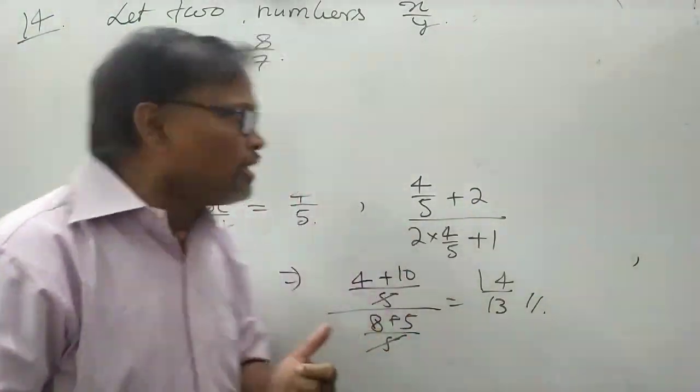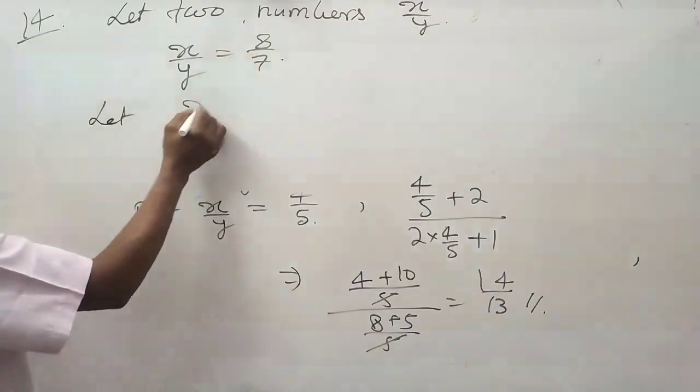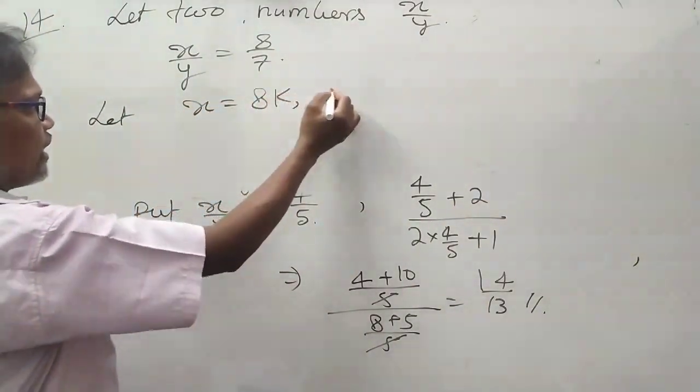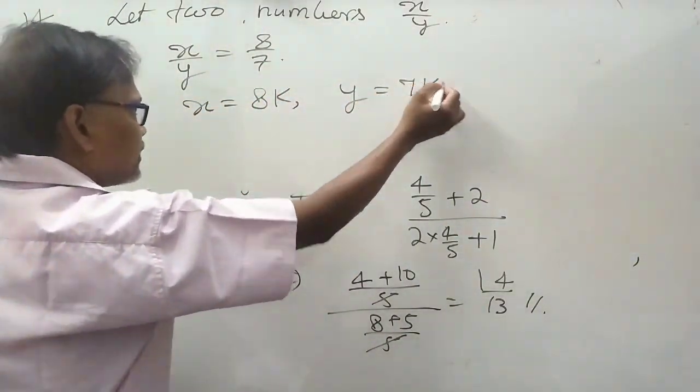So make it easy: let x is equal to 8k, the first number, and y is equal to 7k, the second number.